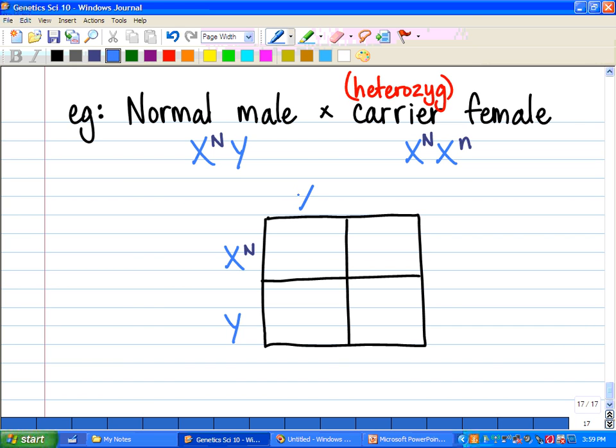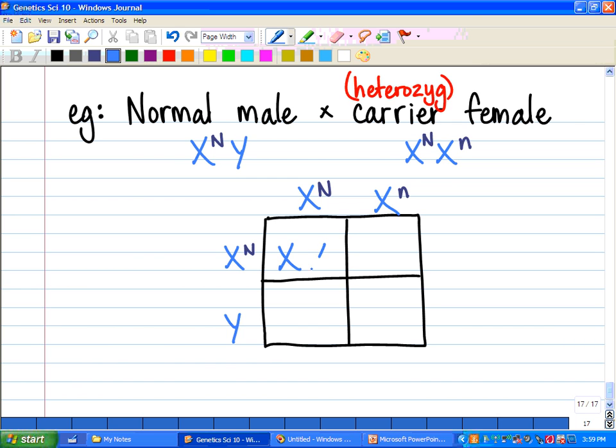Let's put mom across the top. She is a carrier, which means she's heterozygous. She's got a dominant N and a recessive lowercase n.